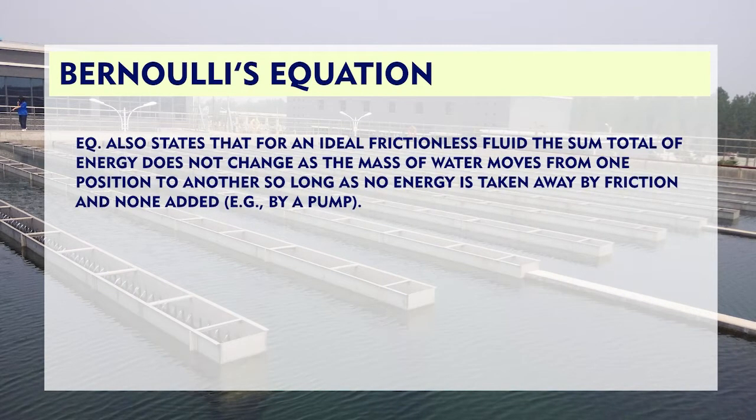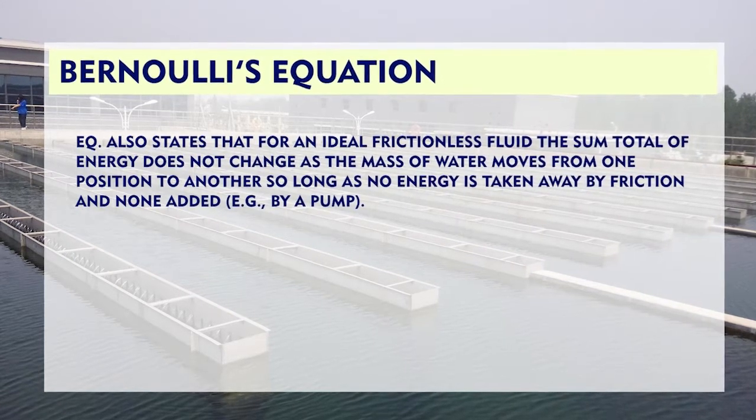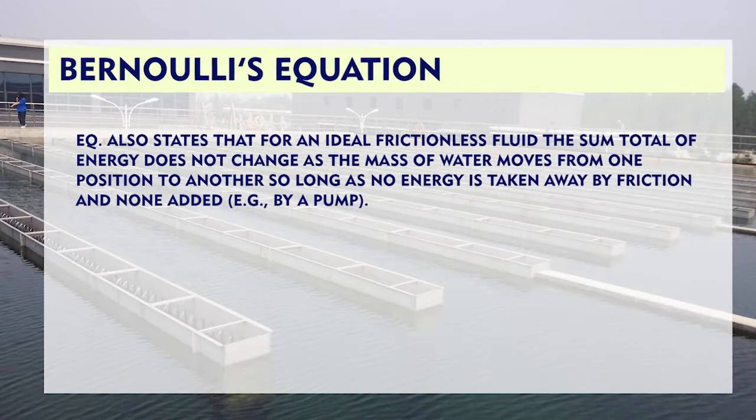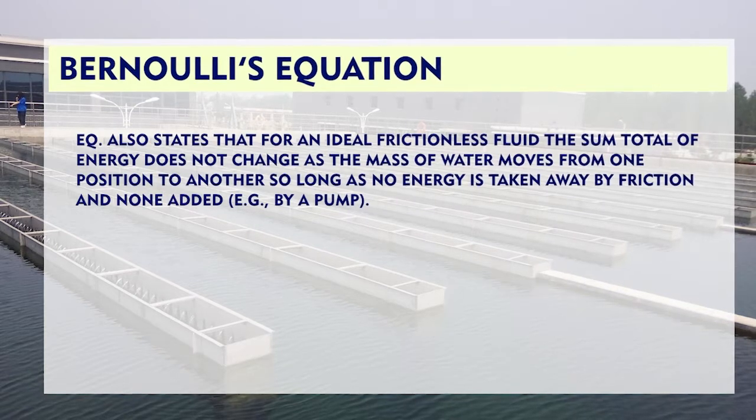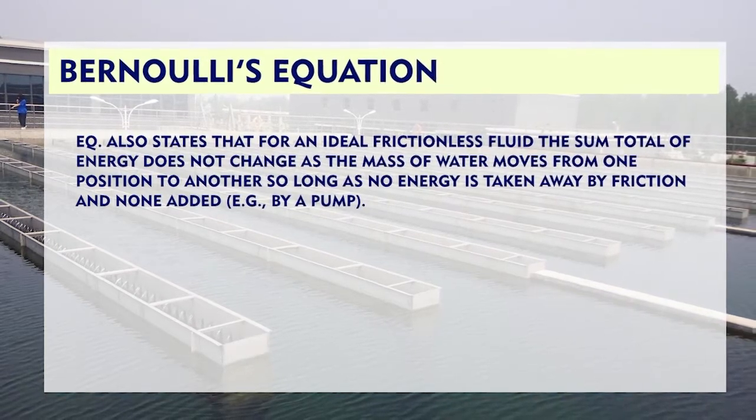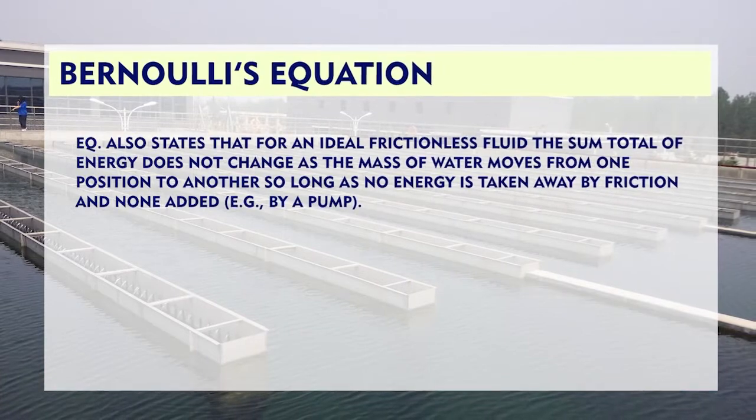The equation also states that for an ideal frictionless fluid, the sum total of energy does not change as the mass of water moves from one position to another, so long as no energy is taken away by friction and none added.